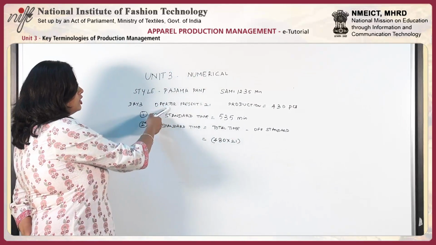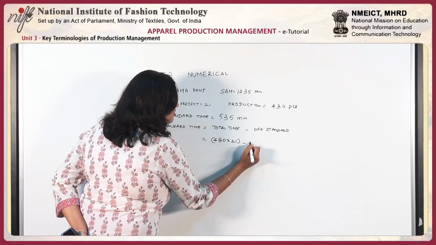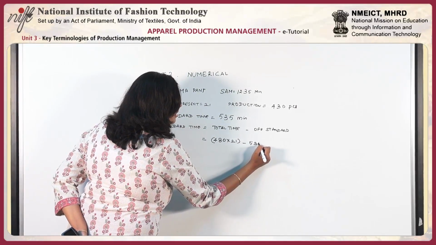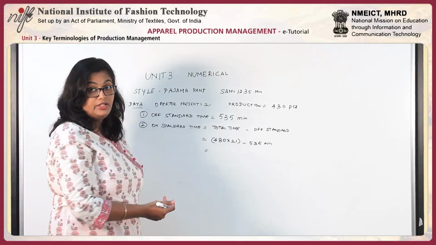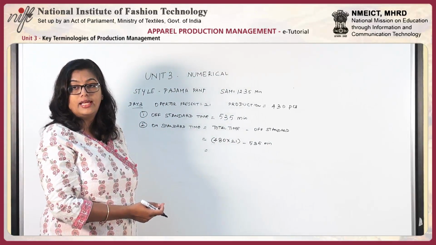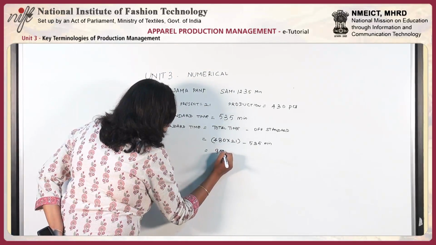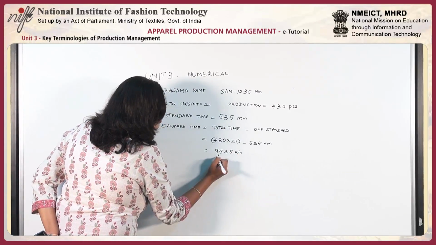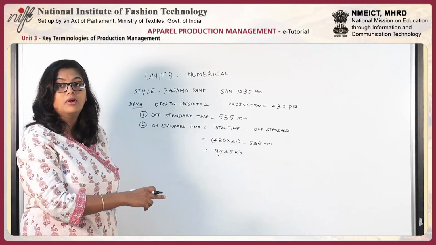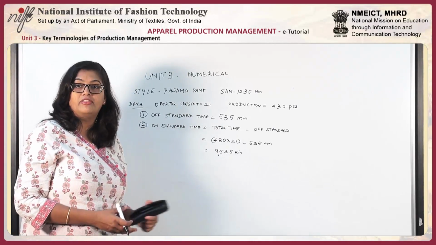The operators present on day 3 are 21 minus the off standard here being 535 minutes. If we do this calculation, the answer comes to 9545 minutes. So, the on standard time for the particular line is 9545 minutes.